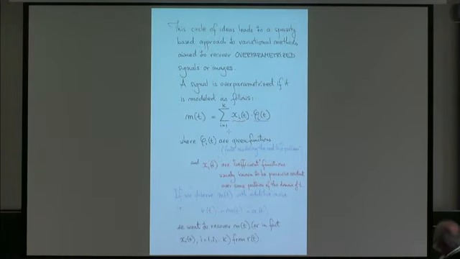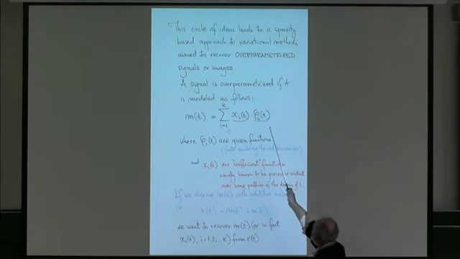Now this circle of ideas leads to the following interesting way of defining an over-parametrized model. So let's take the most basic over-parametrized model that we could think about. We could think about m of t as having the following model. It is a superposition of phi i's, which are given functions.